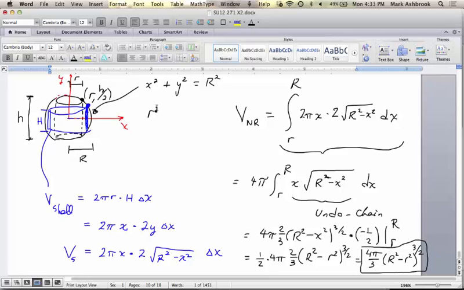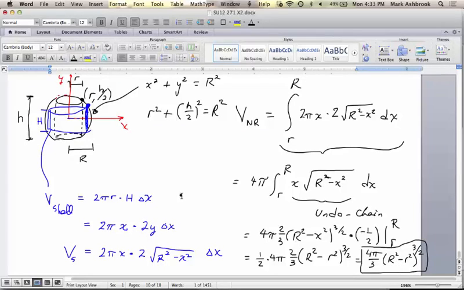So that would say that r squared plus h over 2 squared equals big R squared. Okay, and so then we can plug in for big R squared this expression, and then we'll have r squared minus r squared. So we'll just have the h over 2.